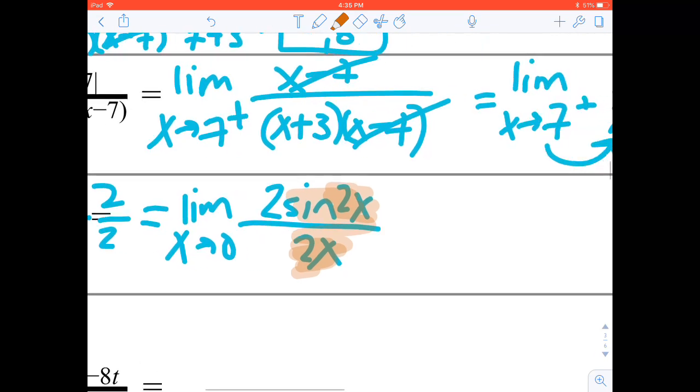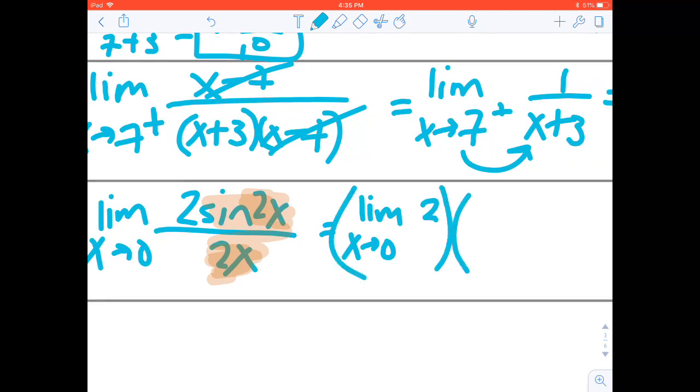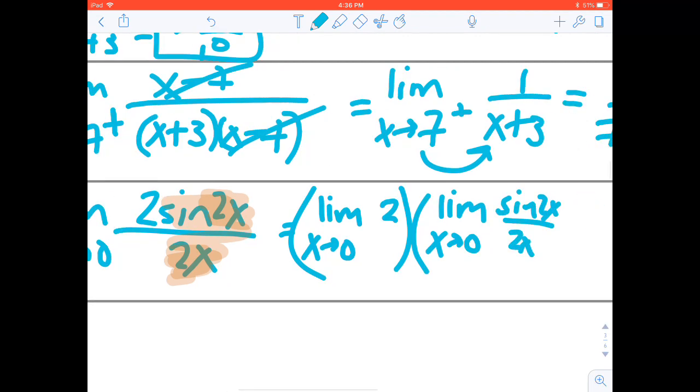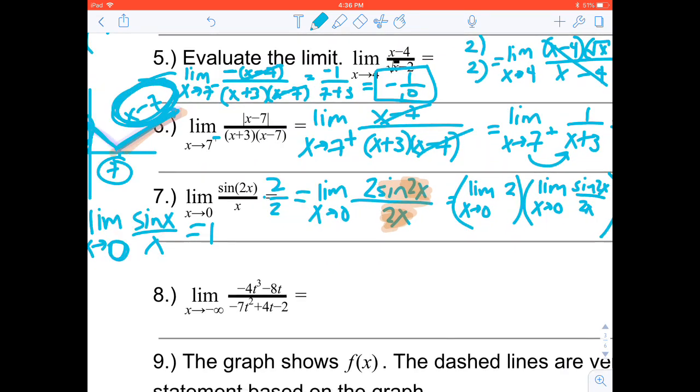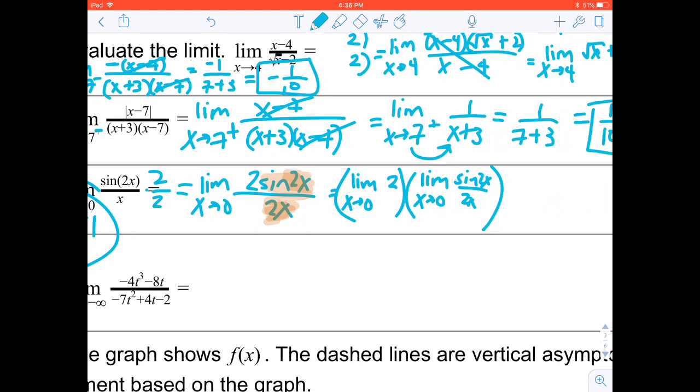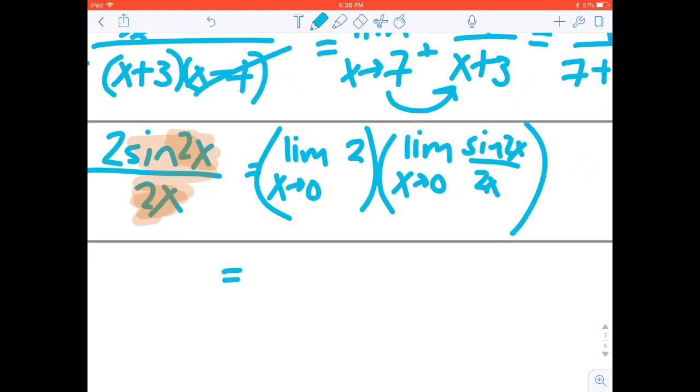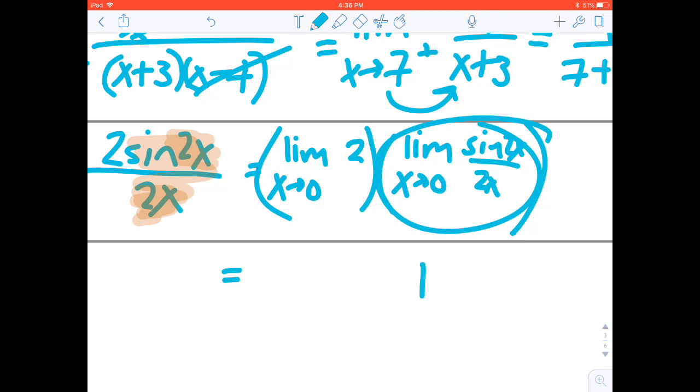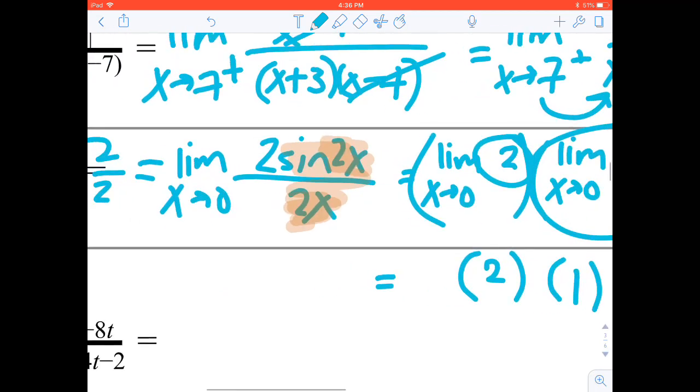We want to take the limit as x goes to 0 of 2 times the limit as x goes to 0 of sine 2x over 2x, which, based on our rule that we already learned and has been proven for us, we know this part is going to equal 1, and the limit of any number is the number itself, so then that just becomes 2.